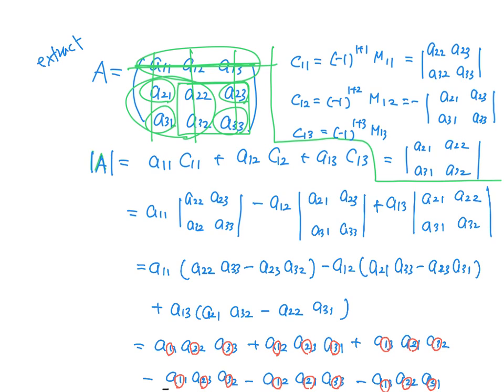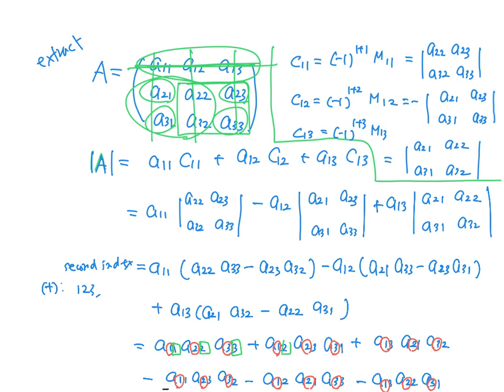Then take a look at the column index, the second index. So this is 1, 2, 3. I'm going to put the positive sign over the second index. So 1, 2, 3 is one collection.